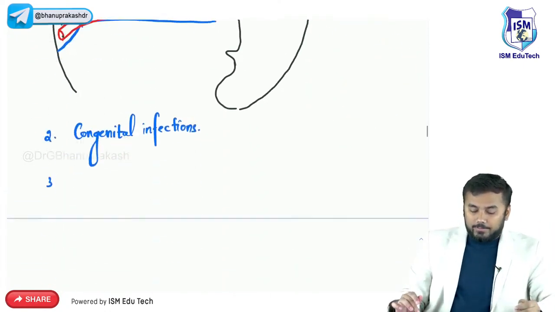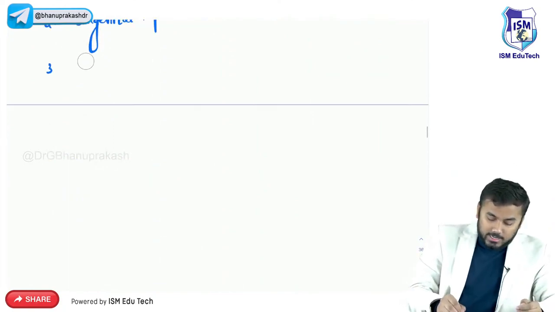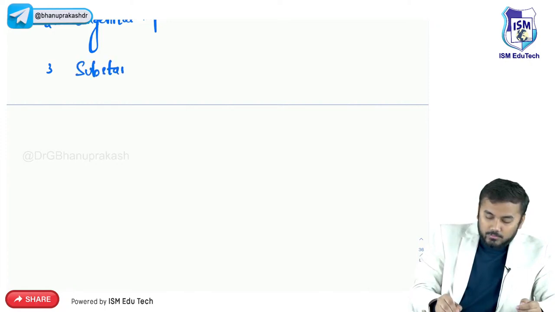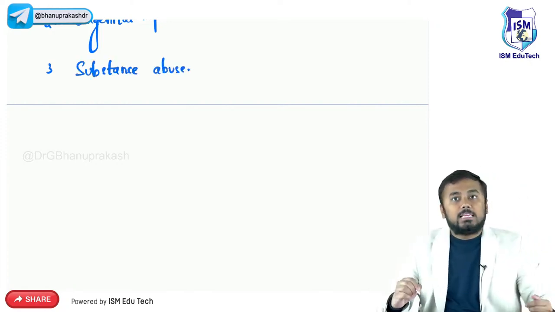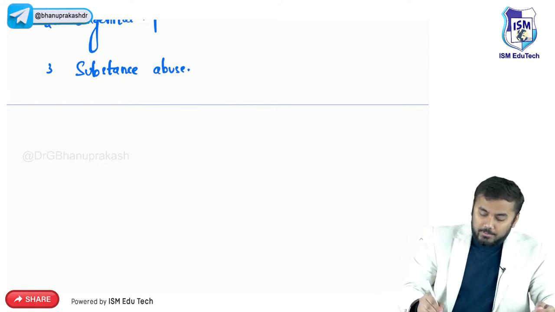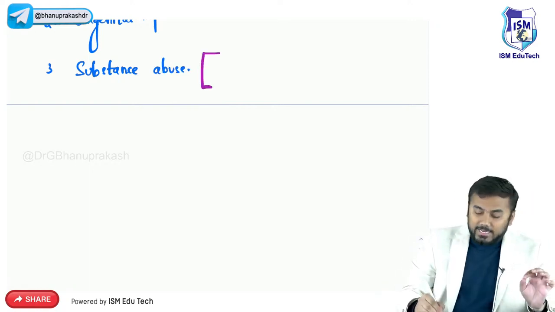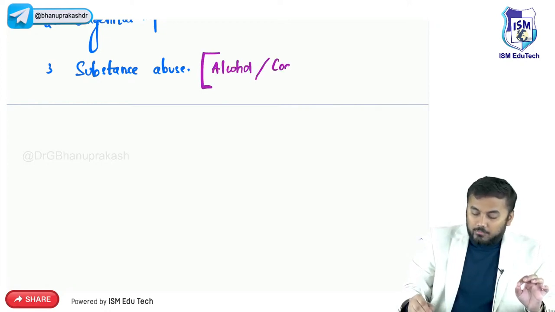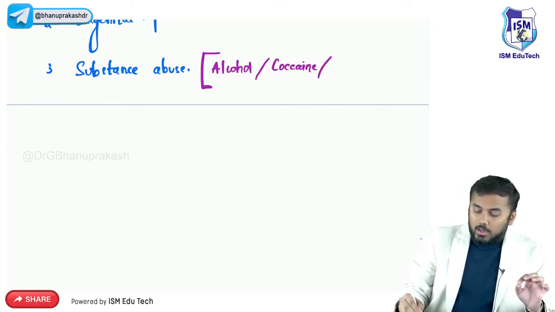Next, SAM. S stands for substance abuse. Okay? What is substance abuse? For example, if there is an intake of alcohol, or if there is an intake of cocaine or amphetamines, cocaine, amphetamines.